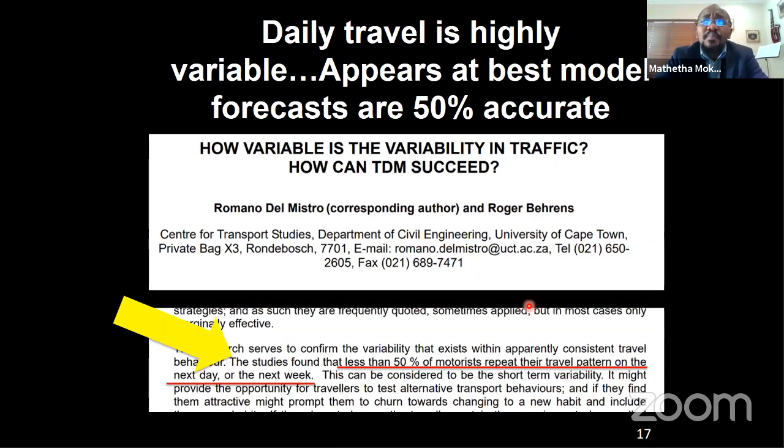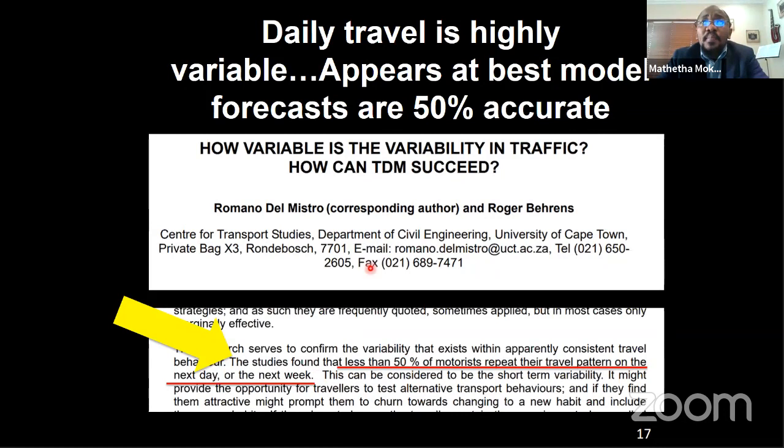The work done some time ago by Professor Del Mistro, Professor Behrens presented a while ago, around the variability of demand of traffic, and the finding that less than 50% of motorists repeat their travel patterns on the next day or the next week. Put simply, people who you see today on a road section, an arterial road, are replaced by another half.